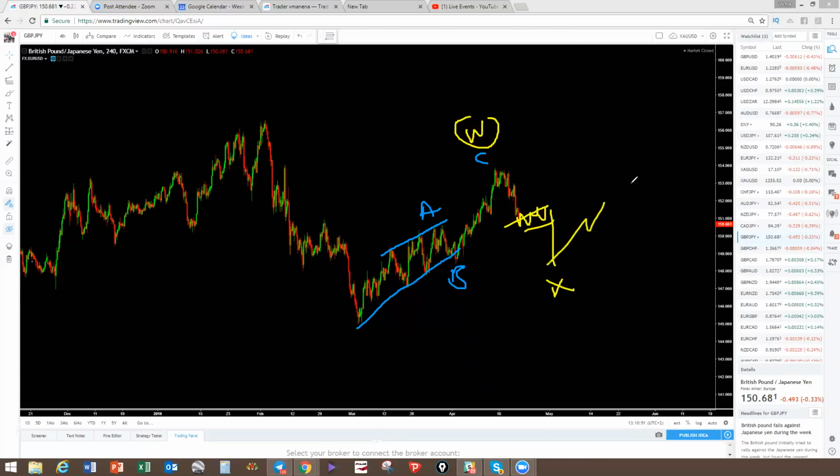And if you get an X, that means you're still going to get more upside, just like that. Okay? So if you don't know what you're doing, that's how you're going to be losing money.